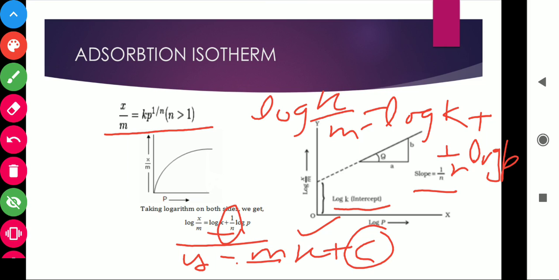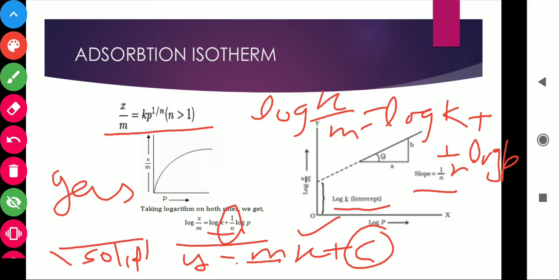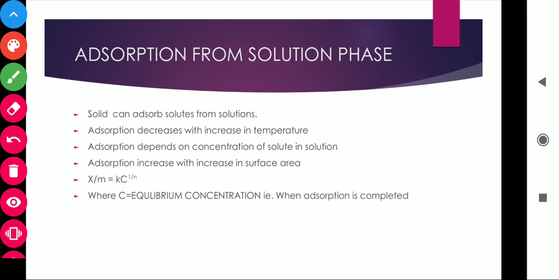Now this is the case when gas is adsorbed on the solid. If rather than a gas a solution is there, then what will happen? Adsorption from solution phase. A solid can adsorb solute from solution.